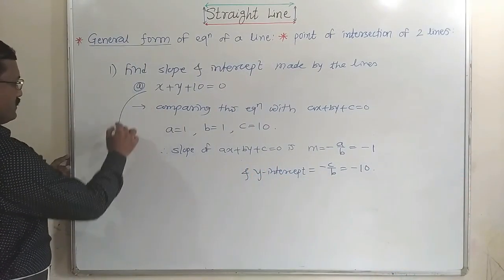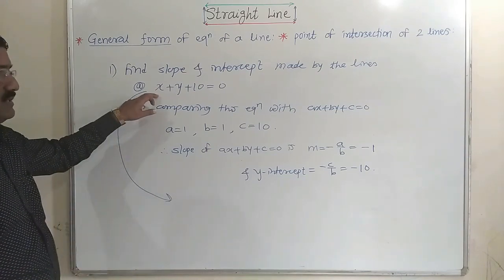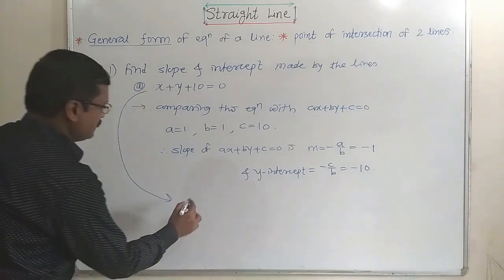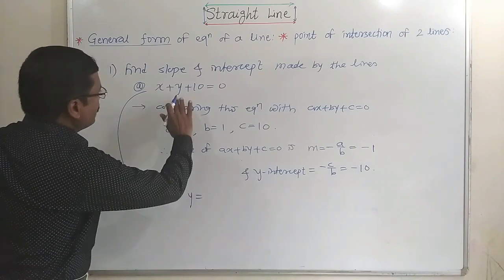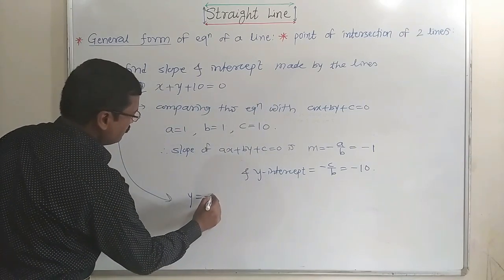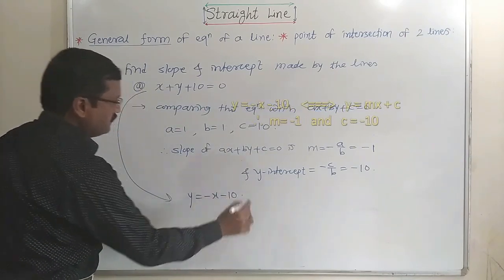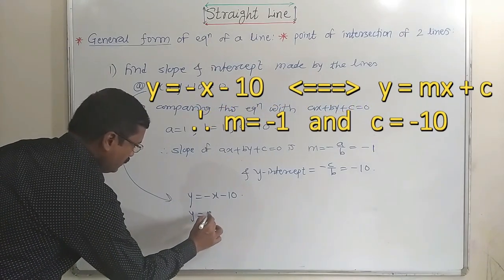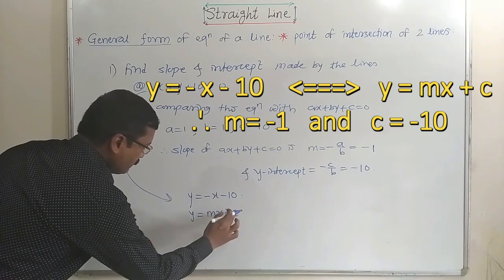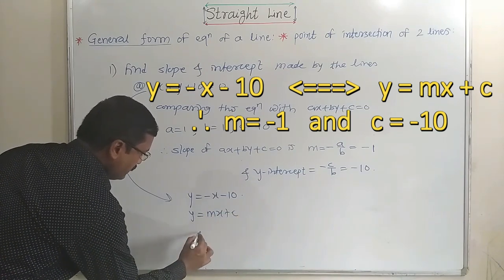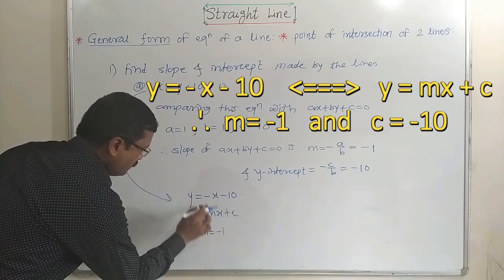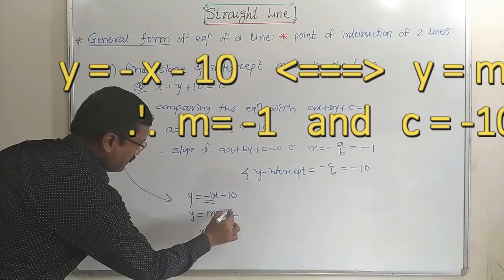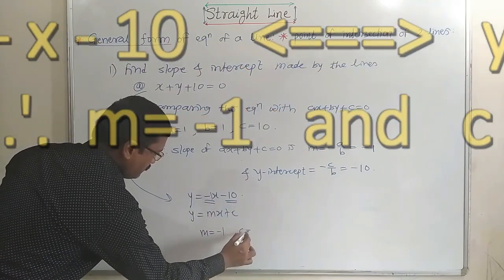Otherwise, from this equation, directly we can write this equation in slope and intercept form. That is y equal to, taking all terms to the right, we get minus x minus 10. Comparing this equation with y equal to mx plus c, we get m equal to minus 1, and c is minus 10.